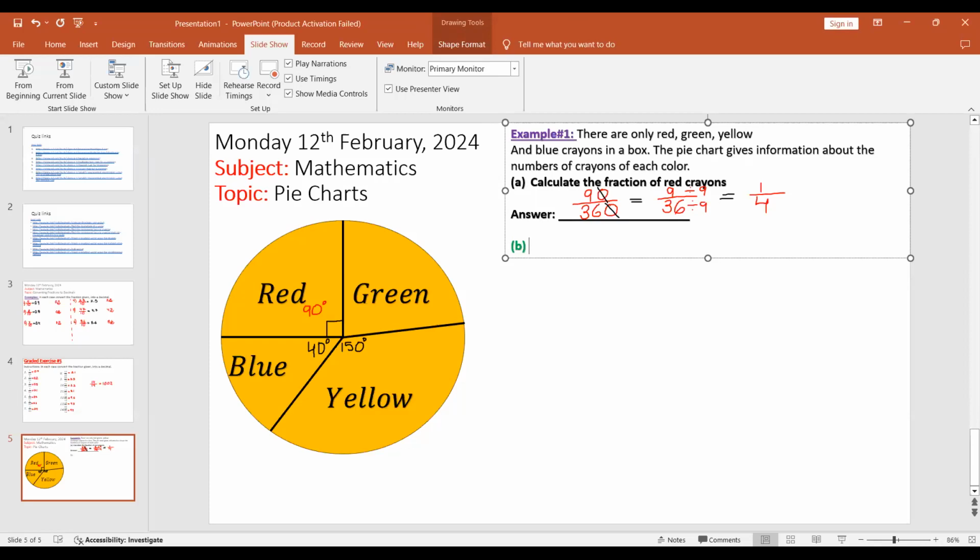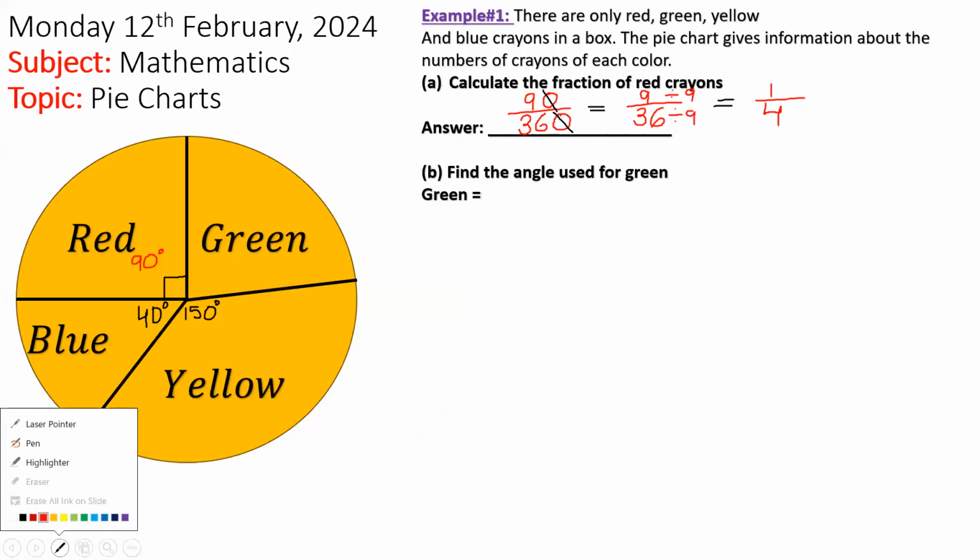The next question is they want us to find the angle used for green. How are we going to get green? Reagan, how are we going to get it?